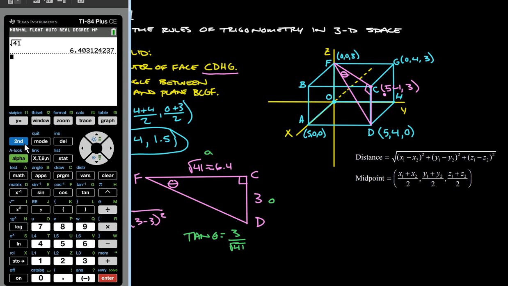Let's see what we can come up with for that. On the calculator we do second tangent of, and we can just do this as parentheses. You can also use alpha y equals to make yourself a little fraction if you want. You don't have to, but it looks a little nicer. So we do 3 over the square root of 41, so nothing gets rounded until the very end.